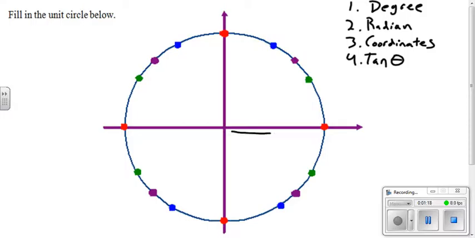Again, if we know that this length is just 1, we know then that this one is at the point 1, 0. That's our coordinate. In which case, the degree going from our initial side to our terminal side, well, there's no angle there.